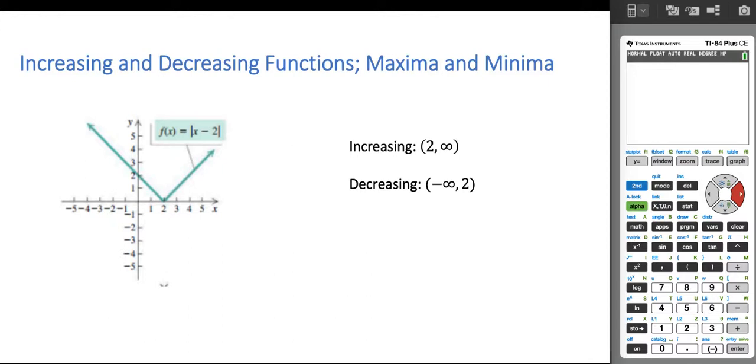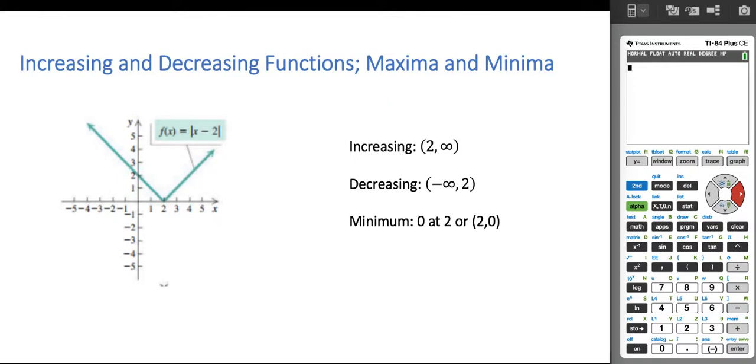Now, what about a maximum or a minimum? It obviously doesn't have a max, or you could say the max is positive infinity, but what is the minimum value? Well, the minimum is 0. Remember, that's the y value, and it occurs at the x value of 2. That ordered pair is (2, 0).